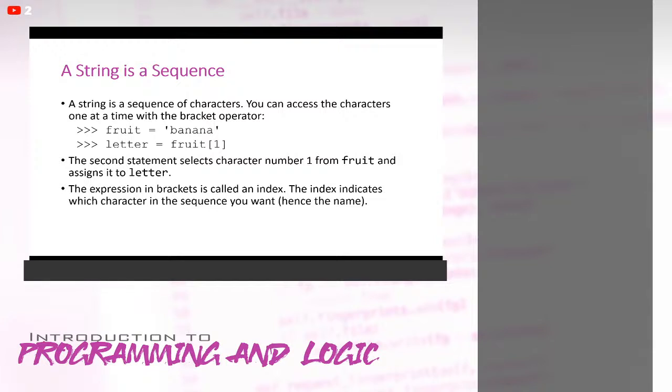We've established this variable container. We've taken the string value of banana and we've put it inside of there. And now we're taking the variable letter. We're assigning it fruit. So whatever string is in fruit and whatever value is at the first index location in the string fruit.